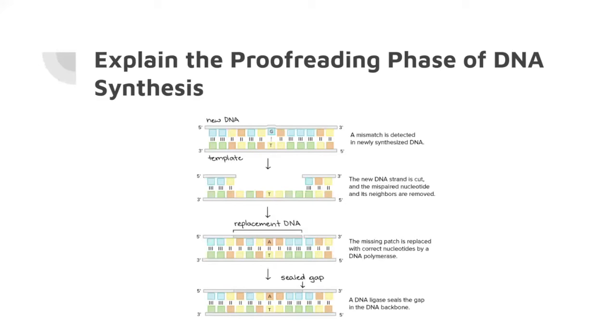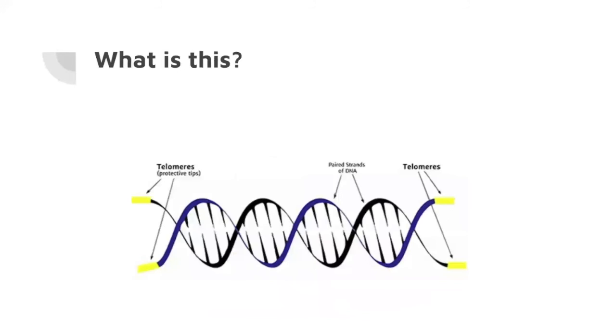DNA polymerase I and III run along newly synthesized DNA, checking for base pair mismatches, and cut mismatched bases and add the correct replacement. DNA ligase catalyzes phosphodiester bonds to seal the gap in the DNA backbone. Wowzers. Phenomenal. Great work. 75 points. Can anyone explain this last image?